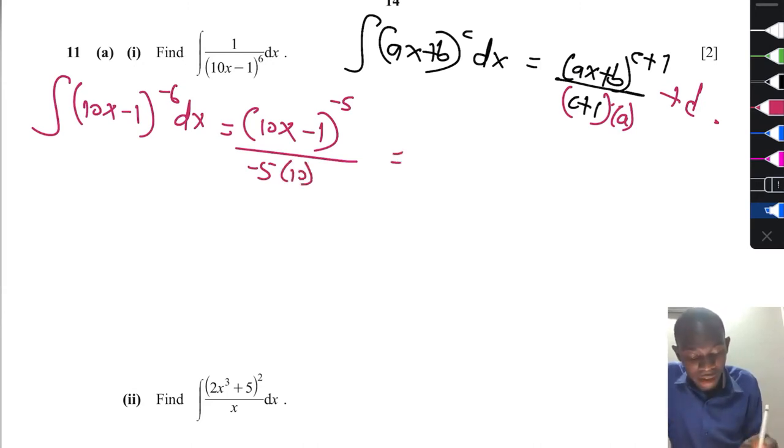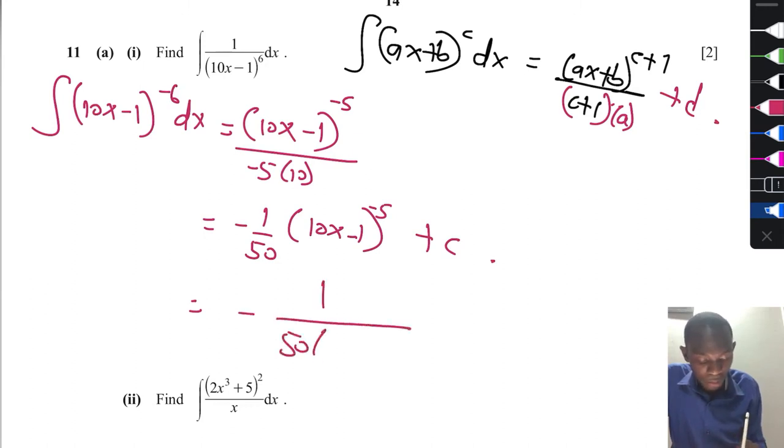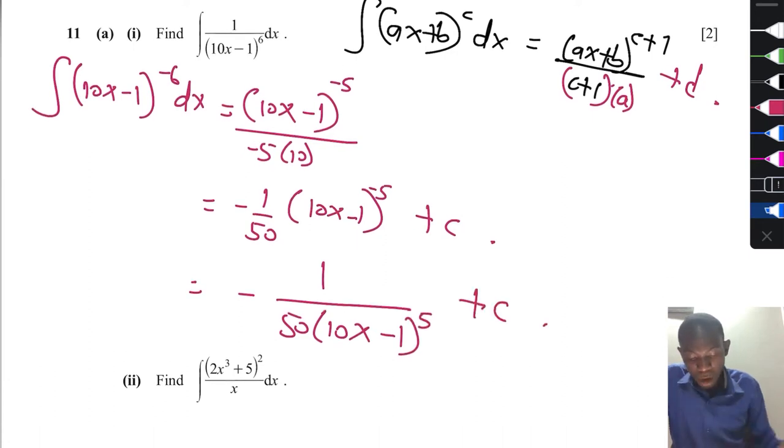That means I have -1 over 50, then I have (10x minus 1) to the power of -5, plus c, of course. So you can also write it as -1 over 50 into (10x minus 1) to the power 5 plus c. All right.